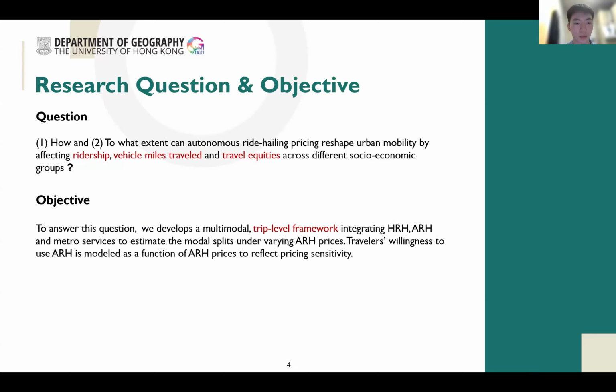To answer this question, we developed a multimodal trip-level framework, integrating human ride-hailing, autonomous ride-hailing, and the metro services to estimate the modal splits under varying ARH prices. We also consider the travelers' willingness to use ARH, modeled as a function of the price to reflect the price elasticity.